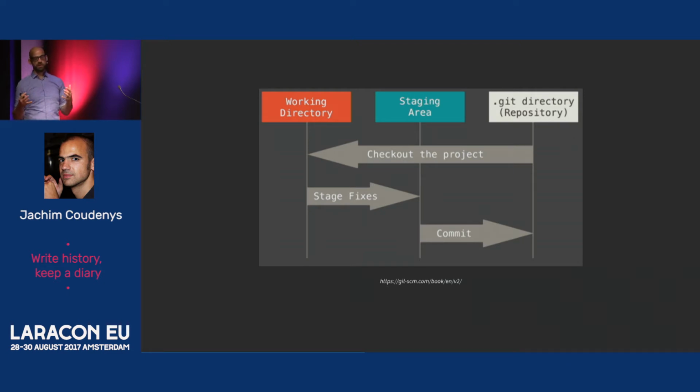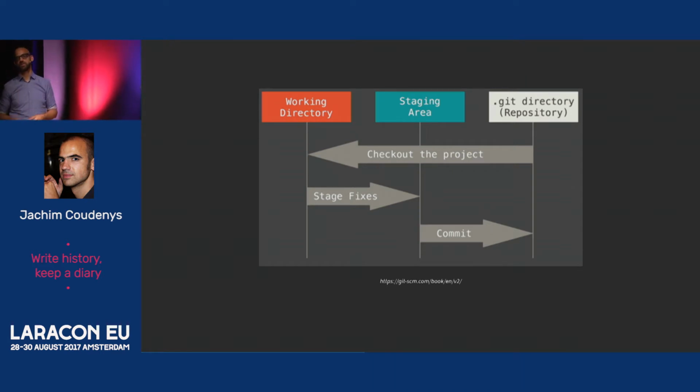Then you can modify some files, add them to the staging area, and from there commit them back to the repository. Most of the time, a lot of users use git commit -a -m, so you skip the whole staging area and push it right into the repository, which is fine in most cases, but you want to be able to add different files to the staging area before you continue.